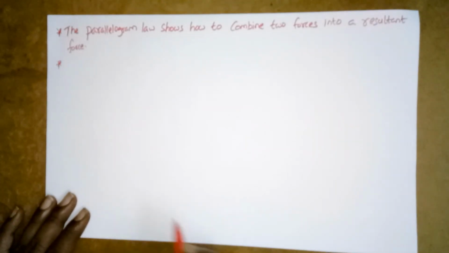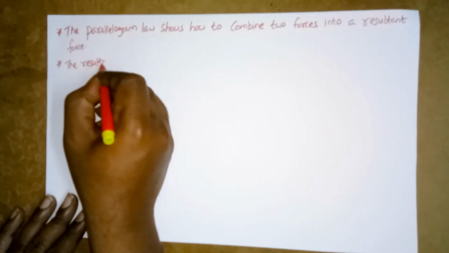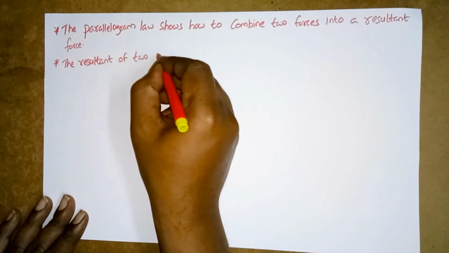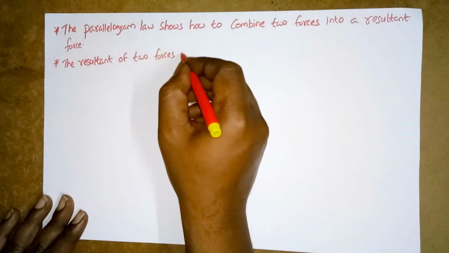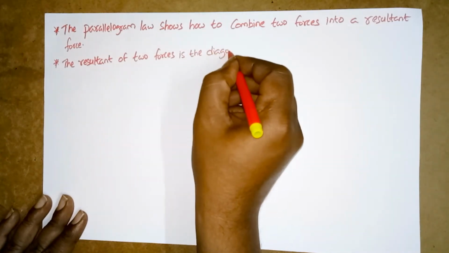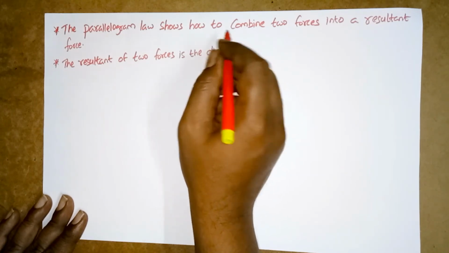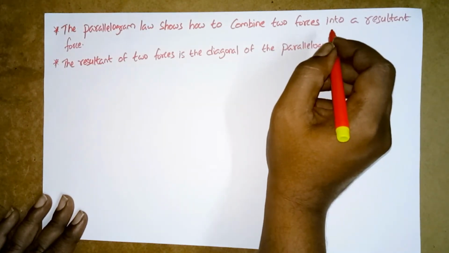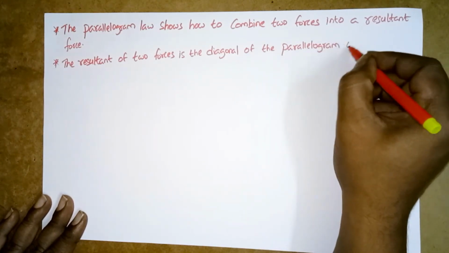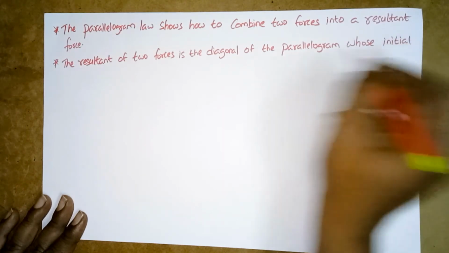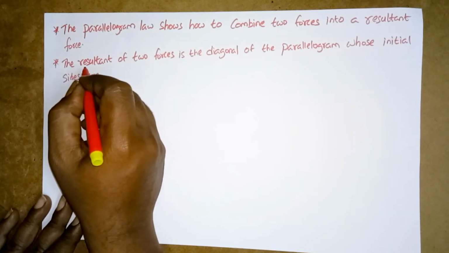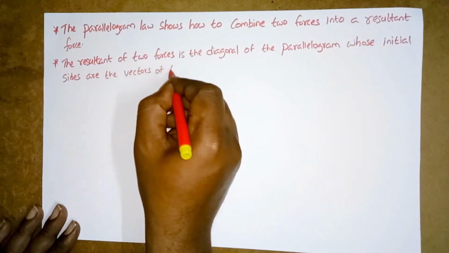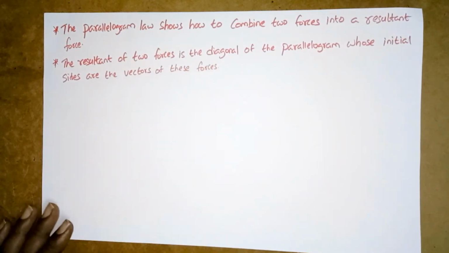The resultant of two forces is the diagonal of the parallelogram whose initial sides are the vectors of these forces. Okay, like that you have to write in your exam.